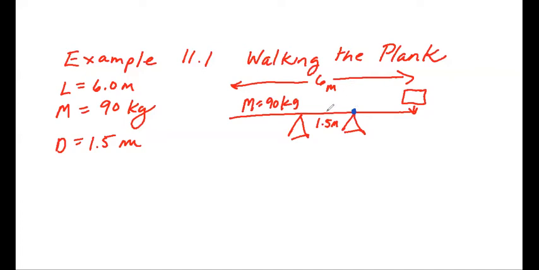We take the center as the origin and call it C. Then Throckmorton is at X equals 0, and this end is at X equals L over 2, which is 3. The pivot is at D over 2, so we'll just call this D over 2.